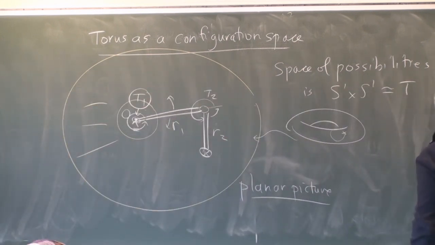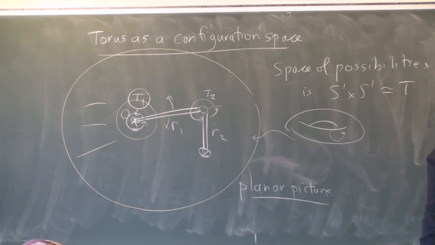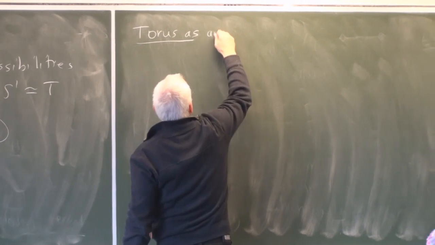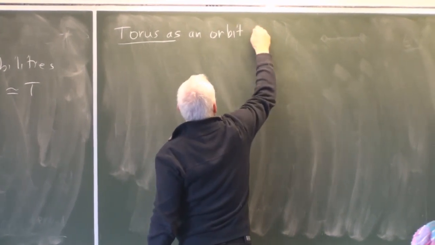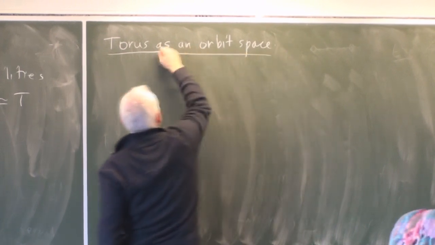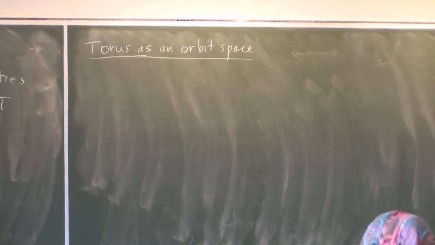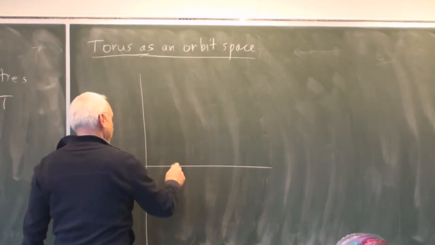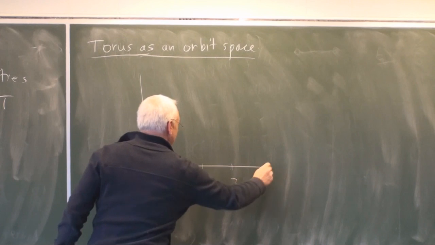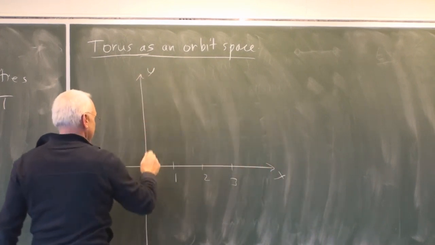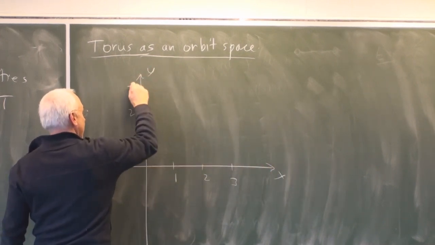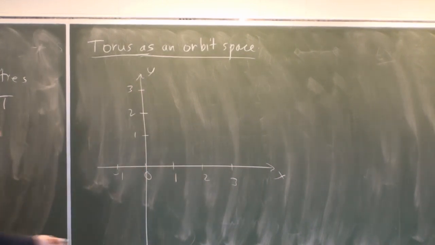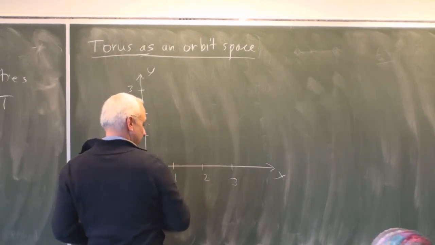Okay, so now our other manifestation, which is going to be rather important, is the torus as an orbit space. What we're going to do here is mimic what we did for a cylinder, and it's very much the same kind of idea. We start with our plane. And then we have our standard translation, the one that we called tau before.